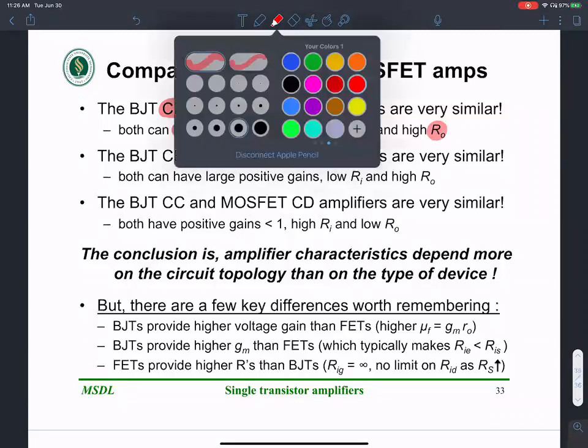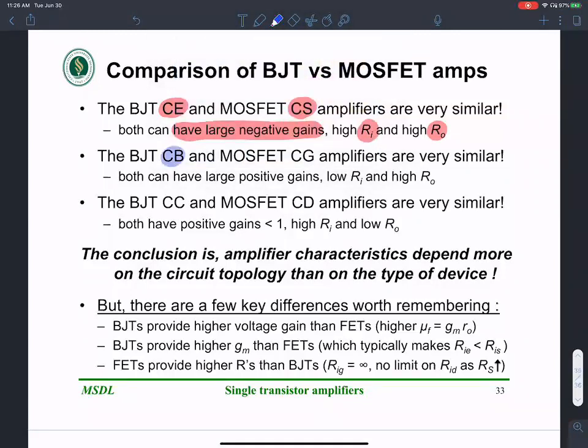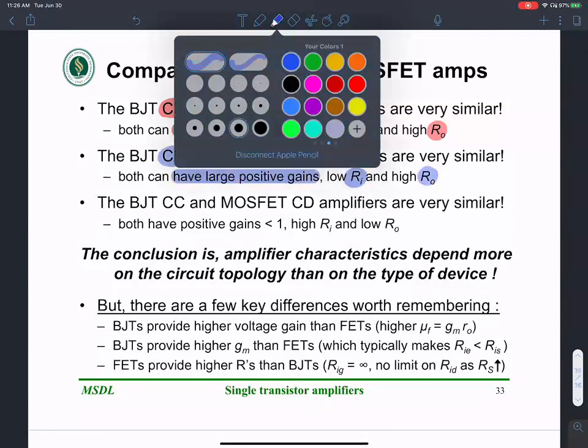Similarly, the common base and common gate amplifiers are similar. They can provide large positive gains, with low input resistance and high output resistance.